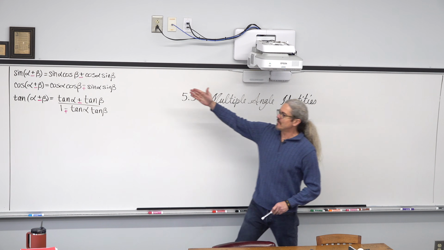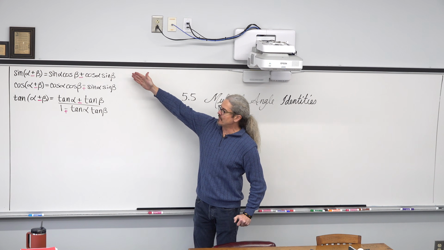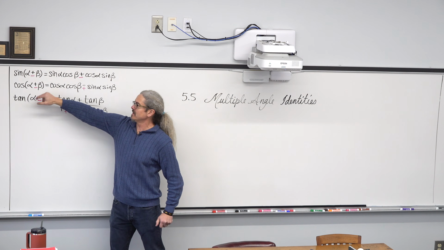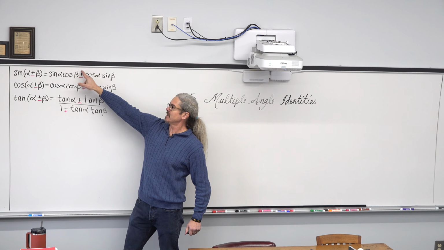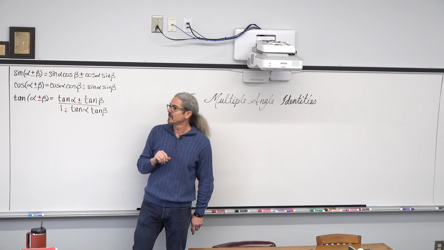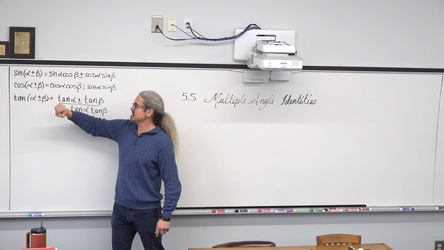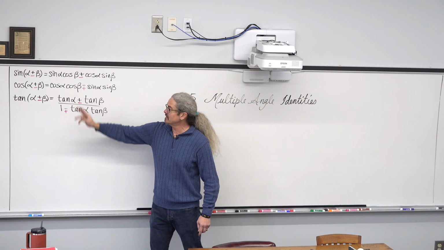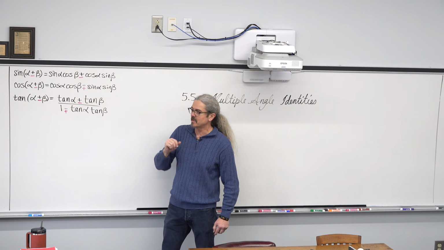We'll just do the sum formulas. The sine of alpha plus beta is equal to the sine of alpha cosine beta plus cosine alpha sine beta. We've got the cosine of alpha plus beta is equal to the cosine of alpha times cosine beta minus sine alpha sine beta.